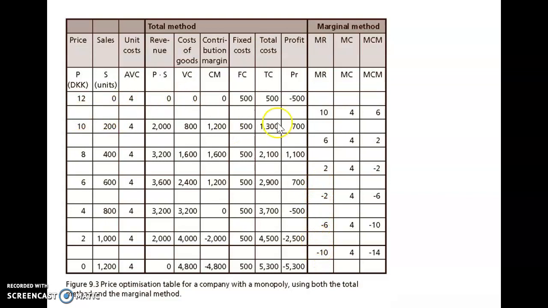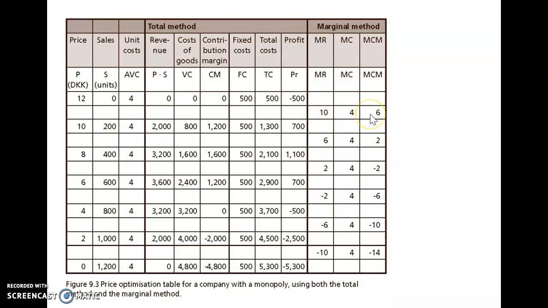And it is between the lines, because this marginal way of thinking is what happens if you go from this price to this price. Then the extra revenue will be 10 per unit and the extra cost will be 4 per unit.